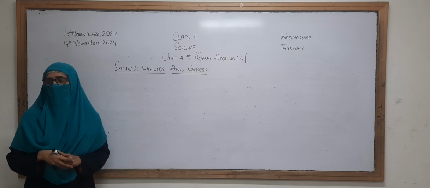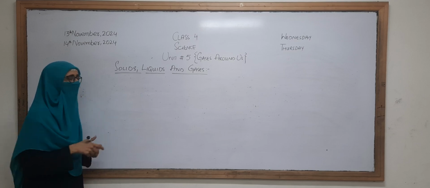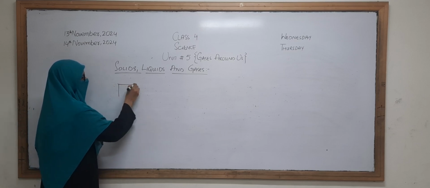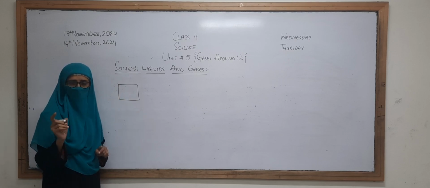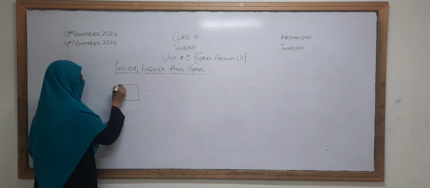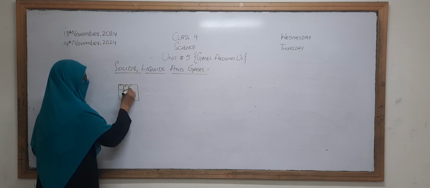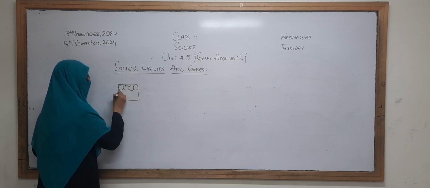Yes, we have done it with the help of the picture. If we talk about the solid, how are the particles of the solids present? Good, they are tightly packed, they are joined together. They are so tightly packed that they can't move here and there.